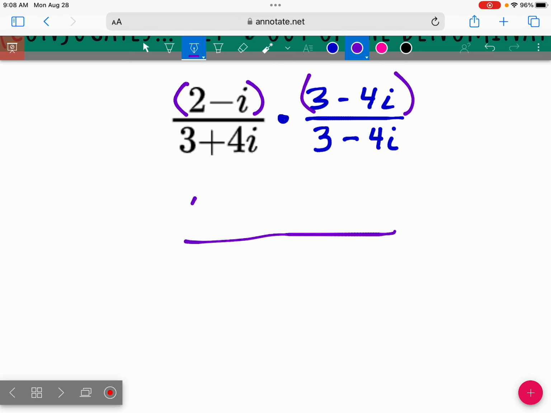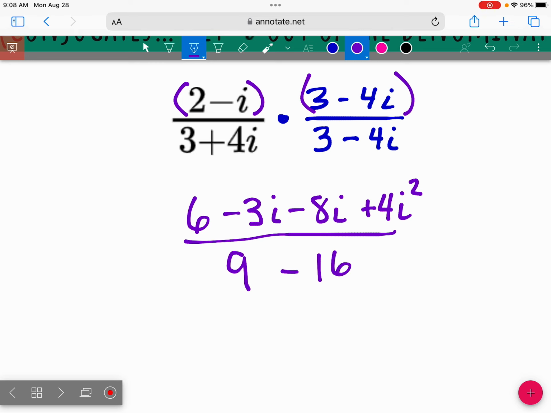So 2 times 3 gives us 6, minus 3i, minus 8i, plus 4i squared over 9 minus 16i squared. Because the bottom should always wind up looking like a difference of squares. Every single time. If you pick your conjugate right, the bottom's going to be a difference of squares.